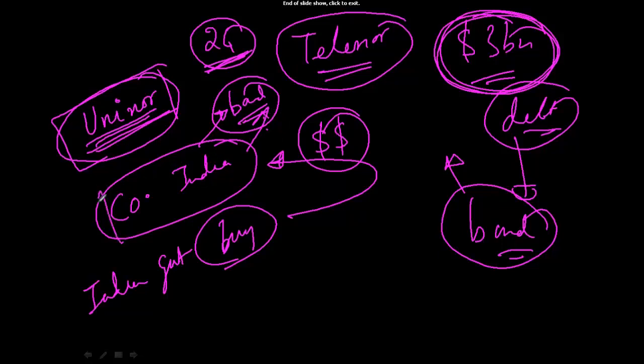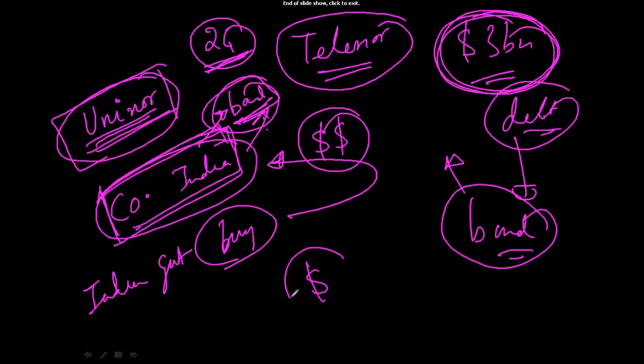When Indian government is buying your company, obviously you will not be operating, so you will have to pay the bondholders the dollar amount. Typically the dollar amount can be more or less depending on how much you are getting from the Indian government.